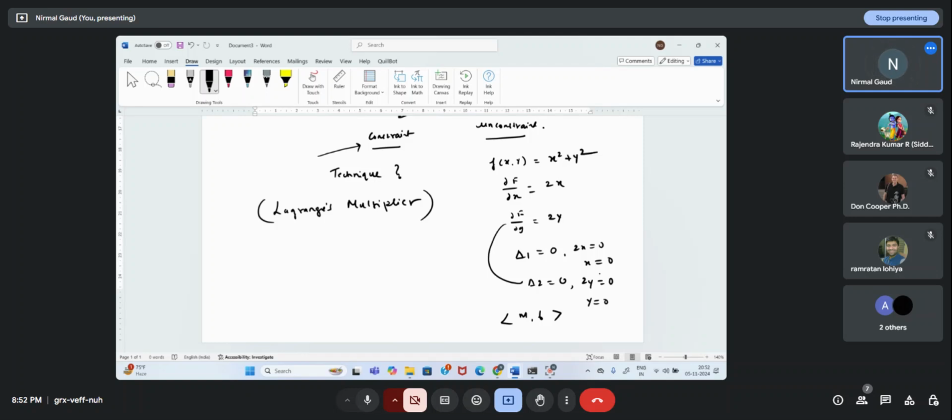Okay, and according to Lagrange multiplier, what we do, for example, again, if you are having a function f as x square plus y square, and we are having a constraint equation like x plus y minus 3, this is a constraint equation, and this is my function. So according to Lagrange multiplier L, this can be written as f minus lambda g.